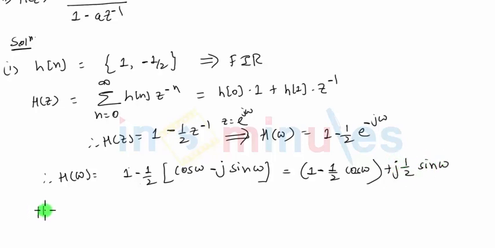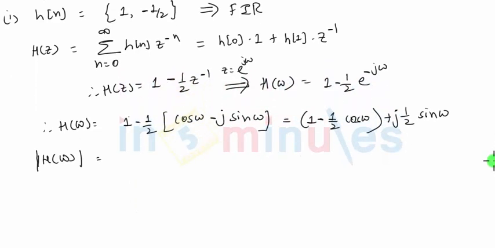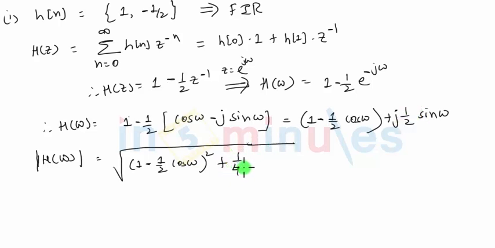If I draw the magnitude response, it will be nothing but mod of h of omega. The magnitude of any complex number is the square root of the real part squared plus the imaginary part squared. So it is the square root of (1 minus half cos omega) squared plus the imaginary part squared, which is 1 by 4 sine square omega.